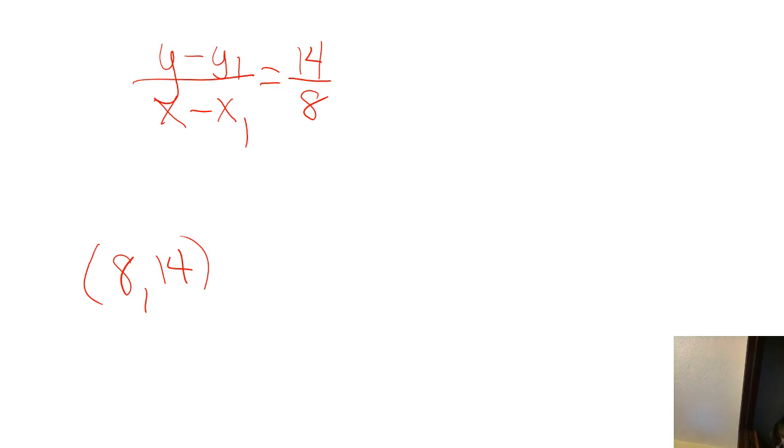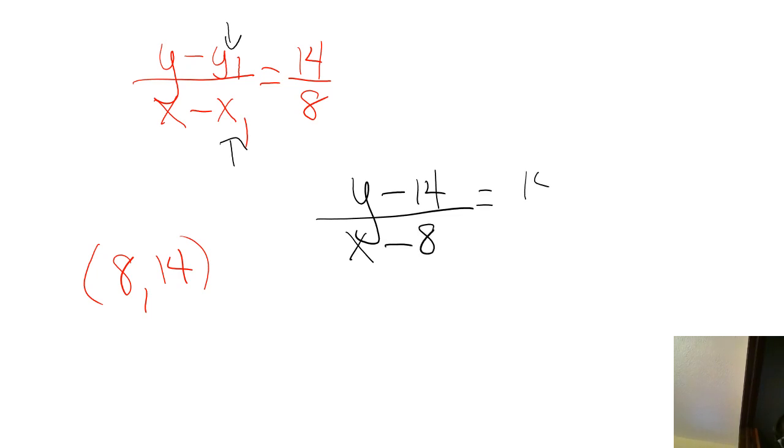Okay, but let's carry on. So I'm going to get rid of these sub 1 numbers because that just jumbles up this equation. I'm just going to plug in what I know y sub 1 and x sub 1 is. So it's going to become y minus, what was that y, 14 over x minus, the x was 8, we know is equal to 14 over 8.